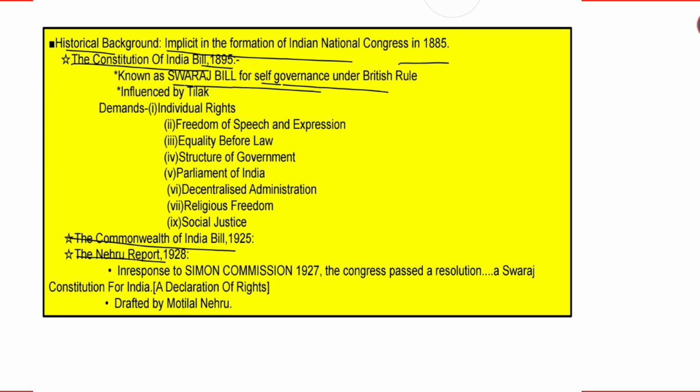The first is the Constitution of India Bill 1895. It is actually known as Swaraj Bill, for self-governance under the British rule. It was influenced by Bal Gangadhar Tilak.